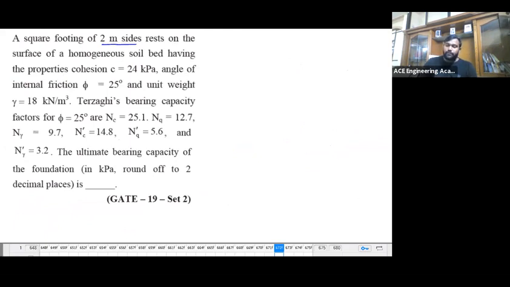Given is a square footing. Why have I given this question? You see, width is 2 meters. Homogeneous soil bed having a cohesion of 24 kilopascals. And what is phi? Phi is 25 degrees, which is less than 28 degrees.